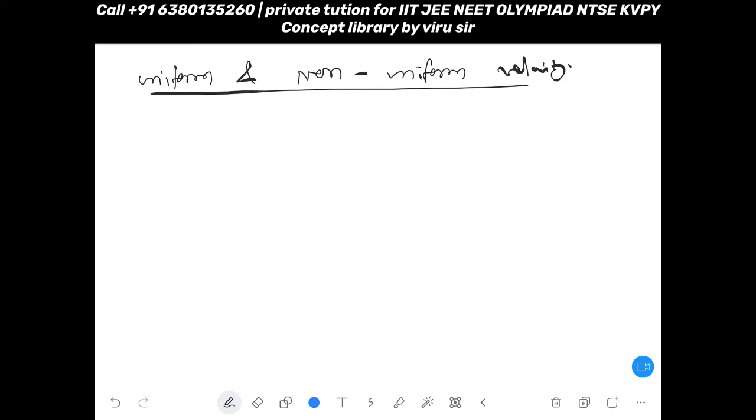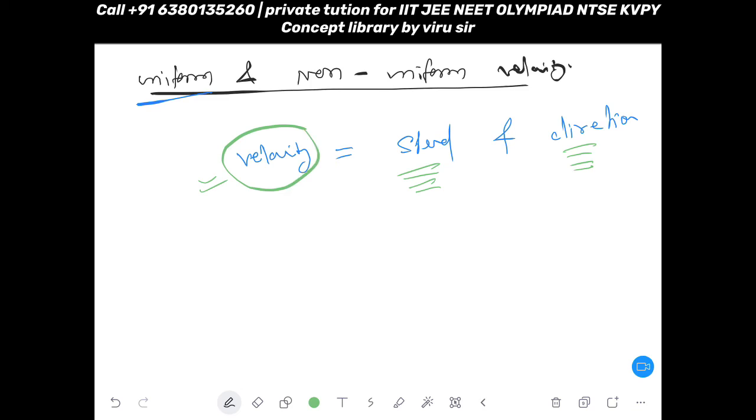What does it mean? You see, uniform velocity. Always remember, your velocity is actually the combination of speed and direction. If any one changes, velocity will change. And if both are not changing, then velocity will not change.